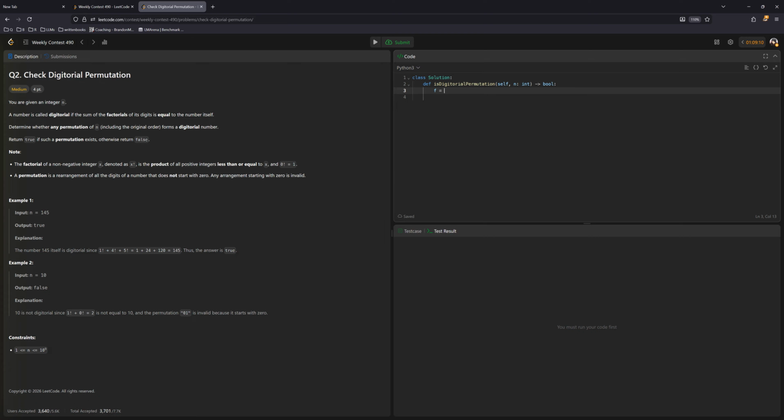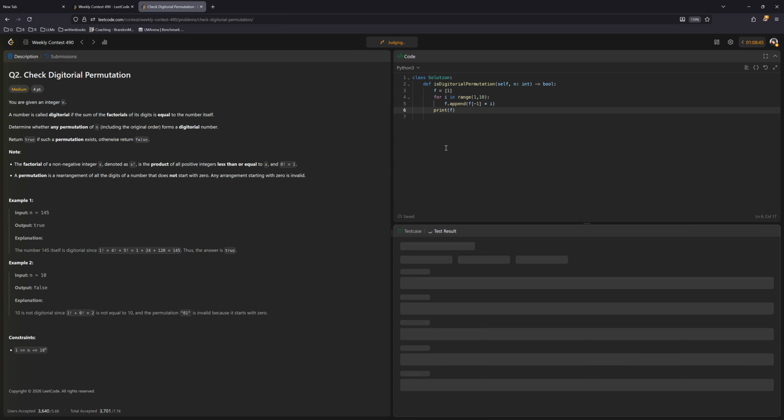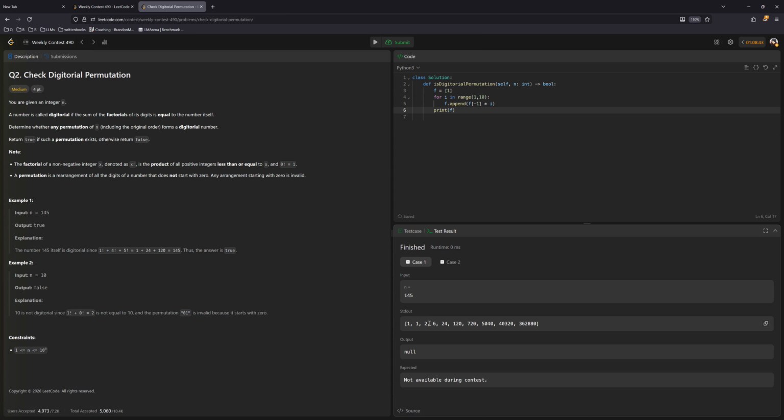Yeah, so let's just say f equals 1, and then for i in range 1 to 10, f.append(f[-1] times i), right? That should be our factorials. Excuse me, print f. So 1, 1, 2, 6. Yeah, that looks right.